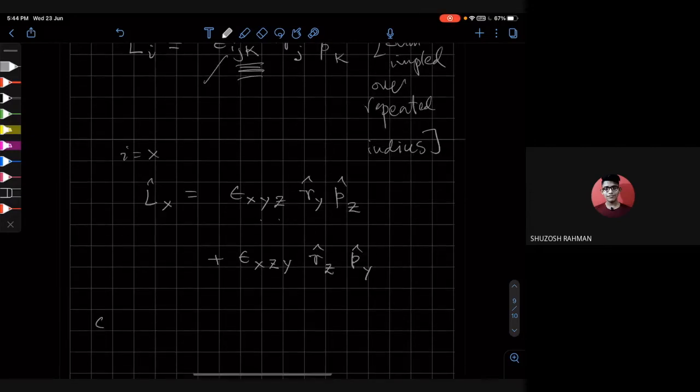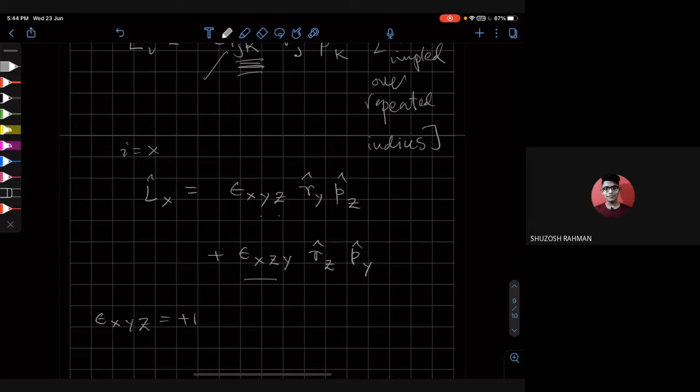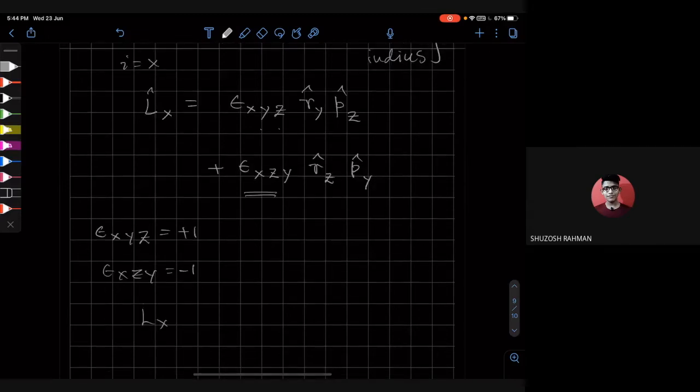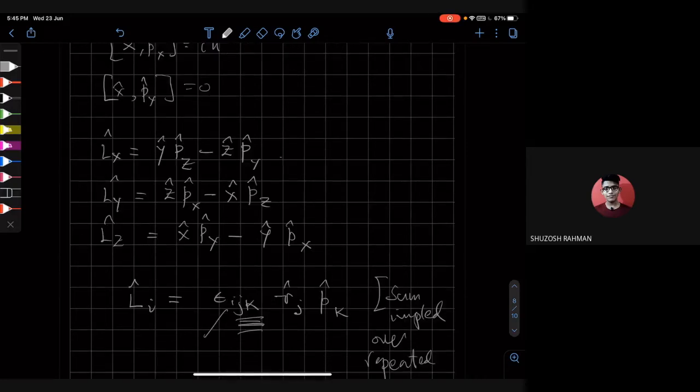Now, conventionally, epsilon x, y, z is +1, and this one just comes from it by one permutation. So epsilon x, z, y is going to be -1. So we can see that Lx is going to be ry pz minus rz py, which is exactly what we have here.